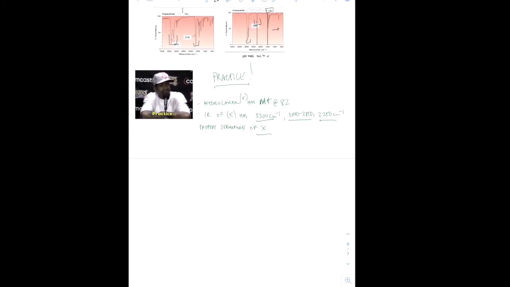Hydrocarbon X has an M plus at 82, so the molecular ion has an m/z of 82, and the IR of X has peaks at 3300, 3000 to 2850, and 2250. Propose a structure for X. So pretty much what you want to do is focus on the mass spec first, and then go to the IR after.